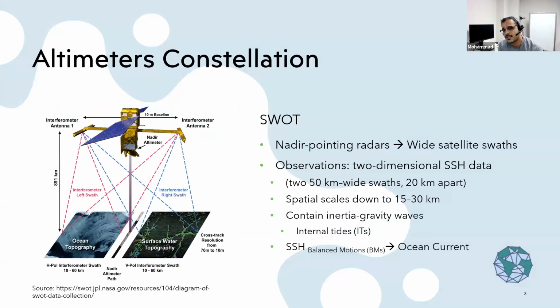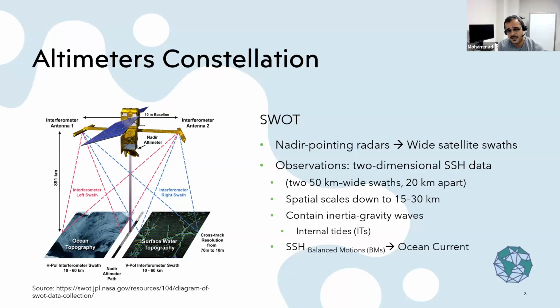Recently, SWOT has been launched and added to altimeter constellations for measurements of the Earth's water surface elevations. SWOT will observe the SSH over a 120 kilometer wide swath with spatial scales down to 15 to 30 kilometers.